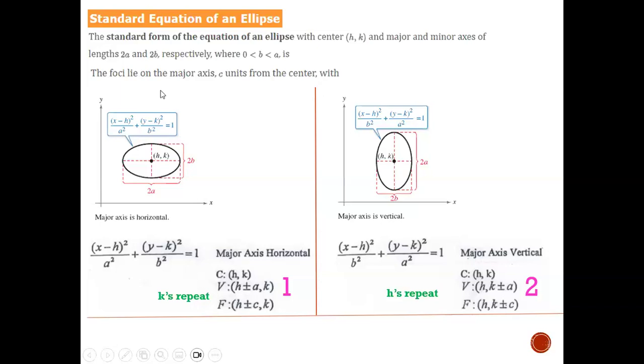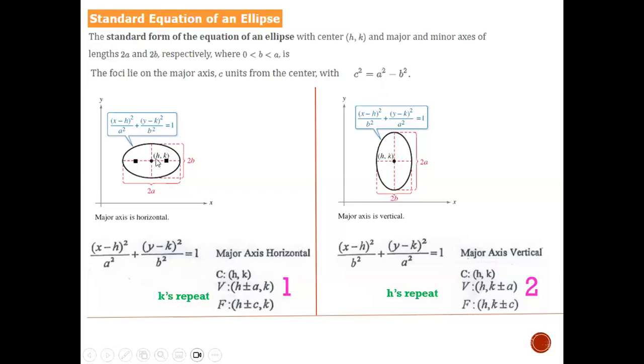The other equation that we're going to use here helps us with the foci. So it says the foci lie on the major axis, c units from the center. So I talked about that before. So this is another formula that we're going to use to bring together our a, b, and c values. Okay, so here are the foci, right? Here's our center. If we go out to either foci, that distance right there is c.